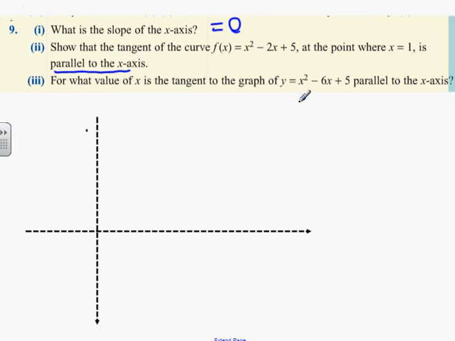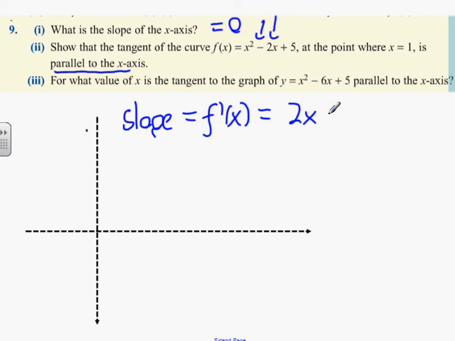Now, what do I say the slope is in differentiation? I told you this a couple of times already. It's the first derivative. If you haven't differentiated in the question, you haven't done it right. So when you differentiate it, 2x minus 2. Now, are you given the slope, or are you asked to show what the slope is?